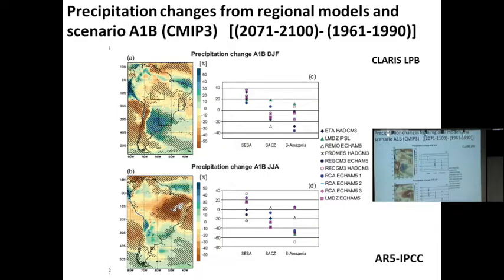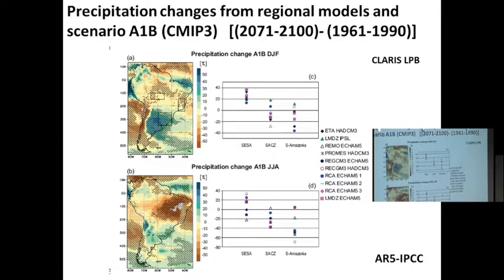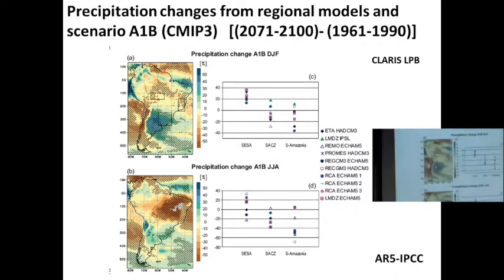And these are the regional models. Someone asked me about the downscaling. And these are results with some regional models which show the same features that we saw in the global models, or more precipitation in the south and less precipitation in the north and in the northeast region as well.